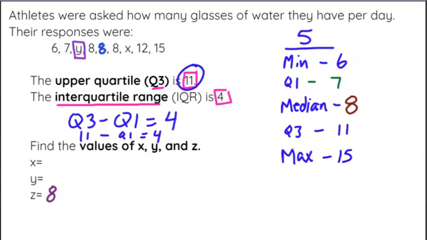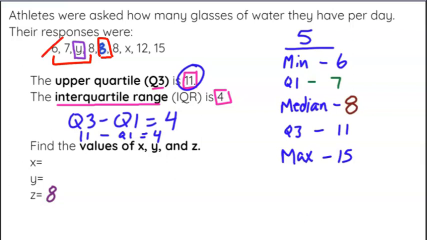We need to find X and Y using our lower quartile and our upper quartile values. So we know 8 right here is our median value. So our lower quartile is 6, 7, Y, and 8.